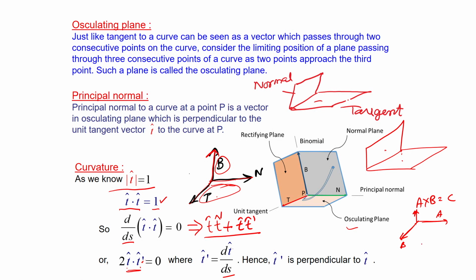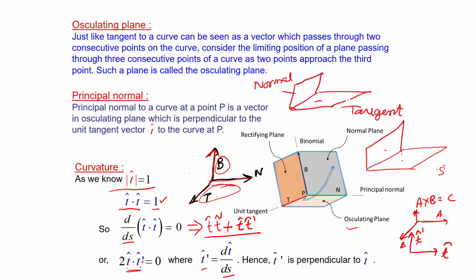जो भी आपका टेंजेंट है, टेंजेंट वेक्टर, उसके परपेंडिकुलर एक वेक्टर एग्जिस्ट करेगा, दैट इज t hat dash. We are going to use this type of basics later on. Initially we have to derive the basic relations, what is t hat, the meaning of that with respect to the curve.